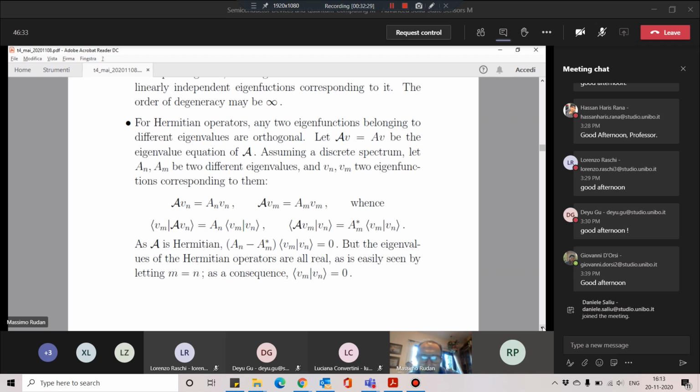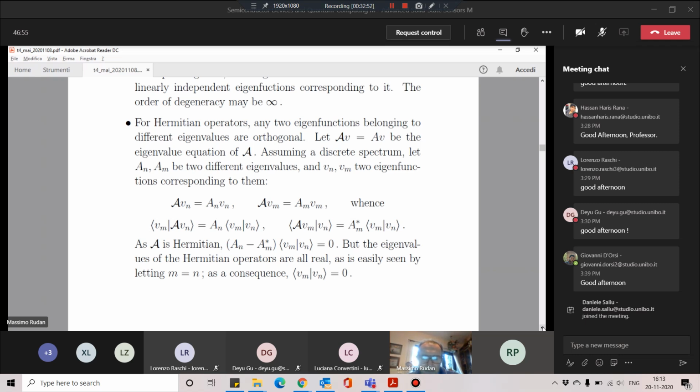Now we subtract these two relations one from the other, okay? So we have the scalar product of Vm times A Vn minus the scalar product of A Vm with Vn. Obviously, these two scalar products are equal to each other. Why?